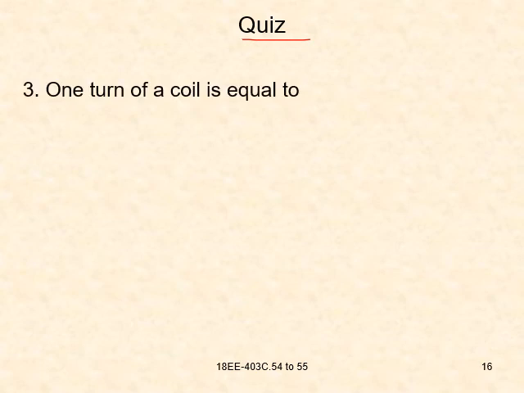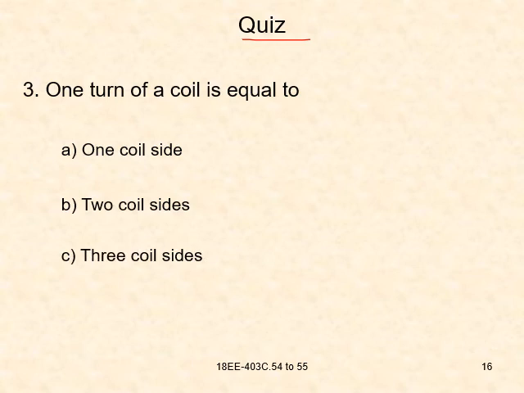Moving on to the next question. One turn of a coil is equal to one coil side, two coil sides, three coil sides, or none.